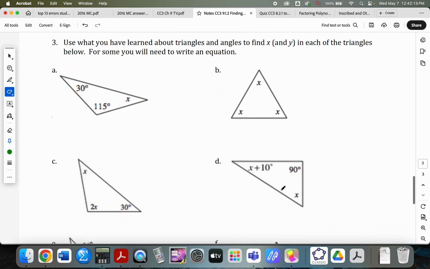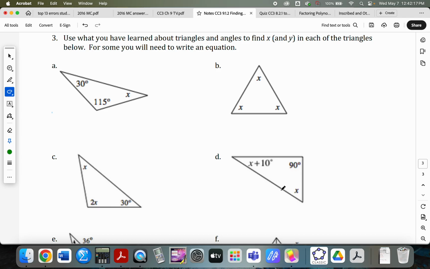So let's use that now to help us find the angles in triangles. So here, we have 2 out of the 3 angles in this triangle.